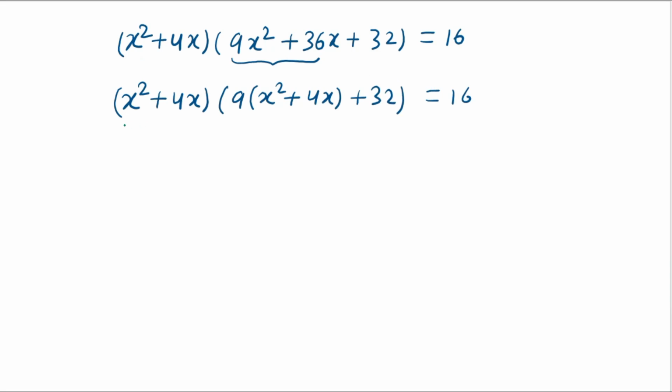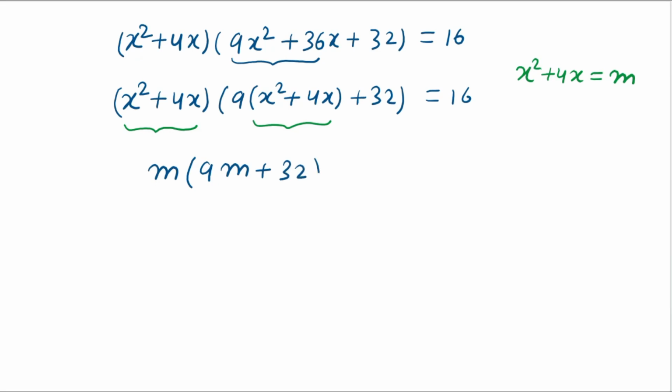Look carefully, here x square plus 4x and here x square plus 4x. So if we put x square plus 4x equal to m, then here m times (9m plus 32) is equal to 16.